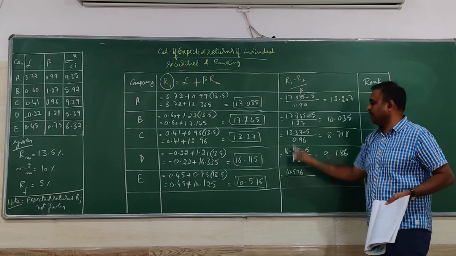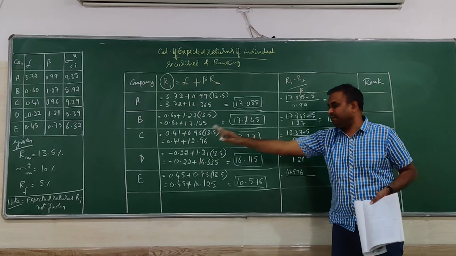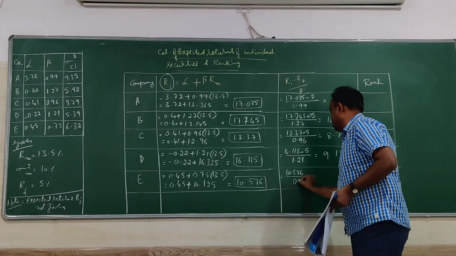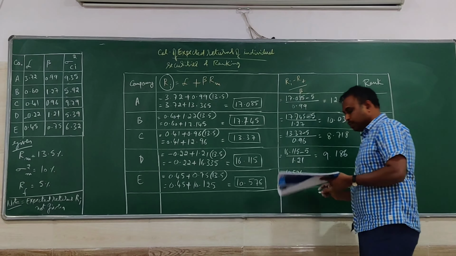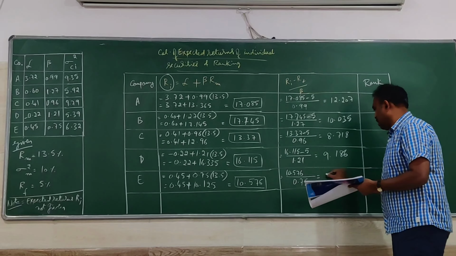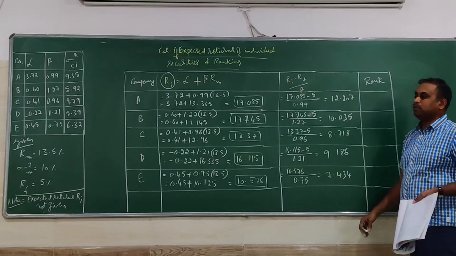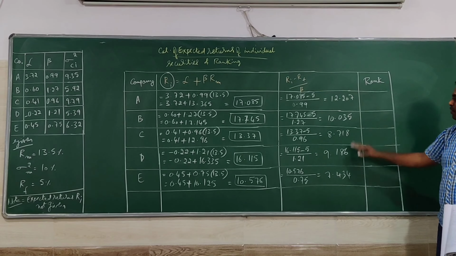This RI will be the first one, RF is from the given, beta is from the table. In the substitution we have to be careful, otherwise the entire problem may go wrong for you. It is very important for you to check carefully.